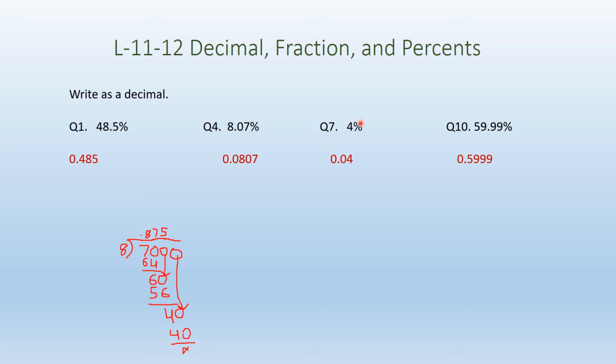Then in this one, only 4%. 4 and 0, then the decimal point. And here also shift 2 decimals left, then see 0.599. I think it is clear for you.